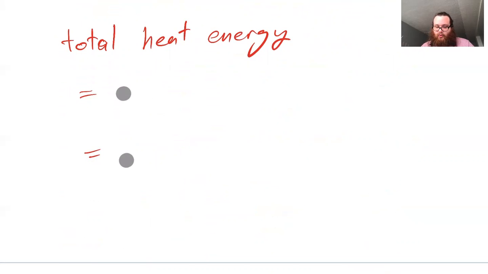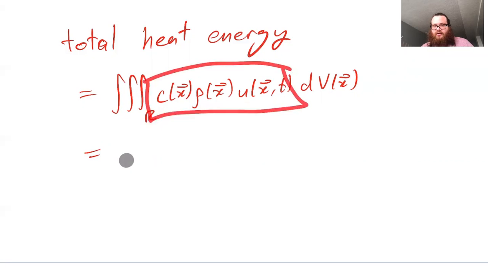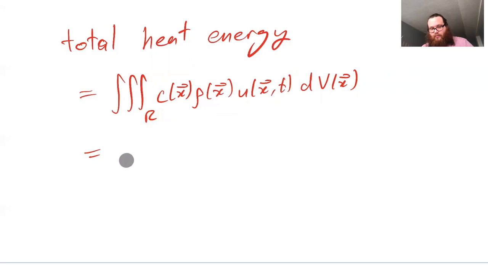Okay. So what is the total heat energy? It's this expression. Recall, this is specific heat, mass density, temperature, and a volume element. And then we add up all of those volume elements. Okay. So this is thermal energy per mass per temperature. This is mass per density. Okay. This is temperature. So all of these together give us thermal energy per volume.